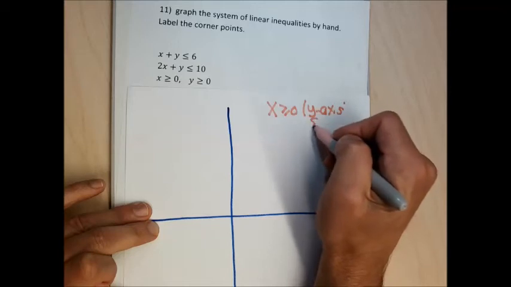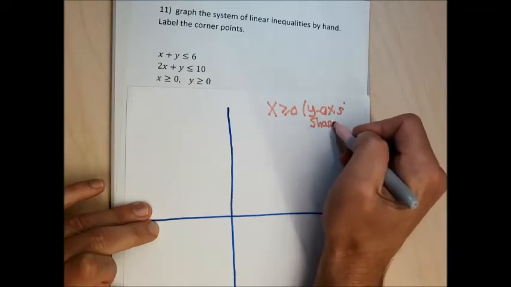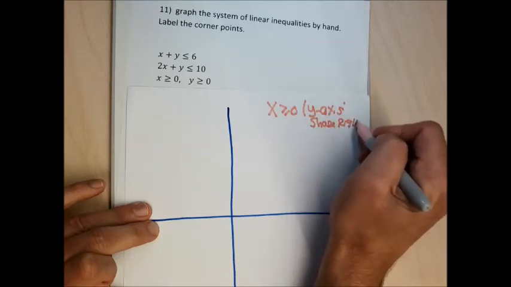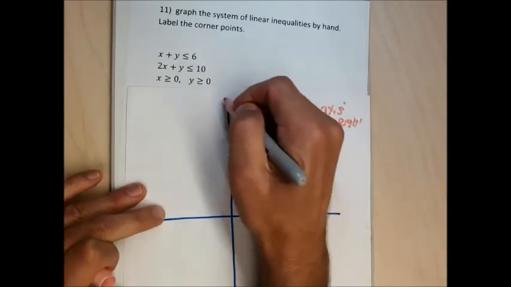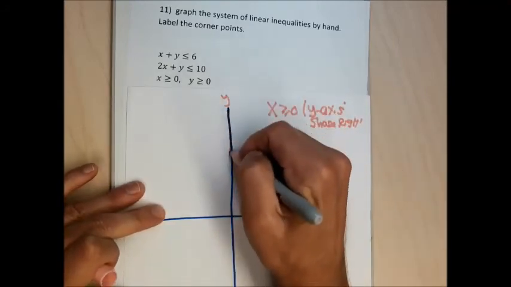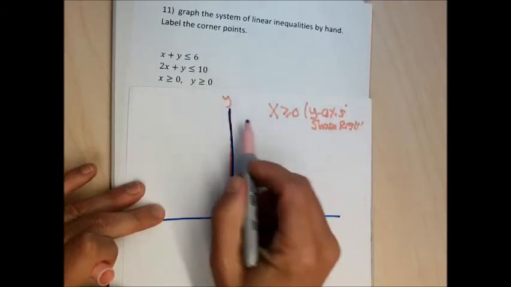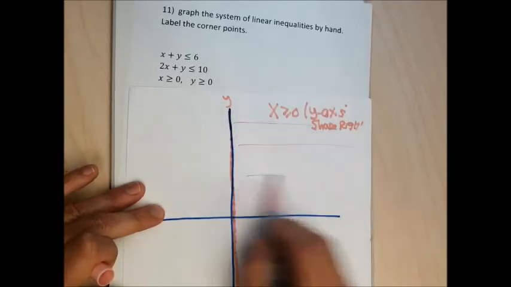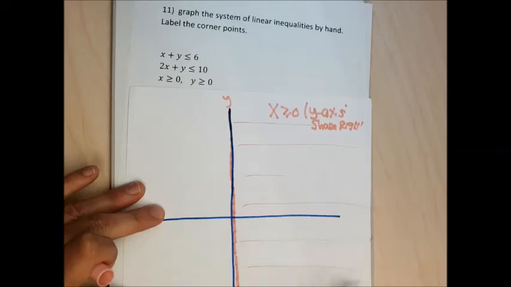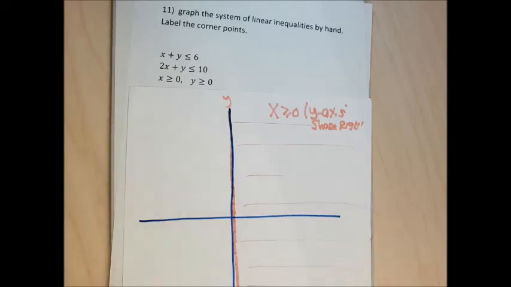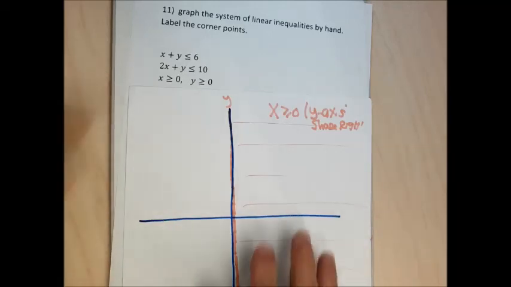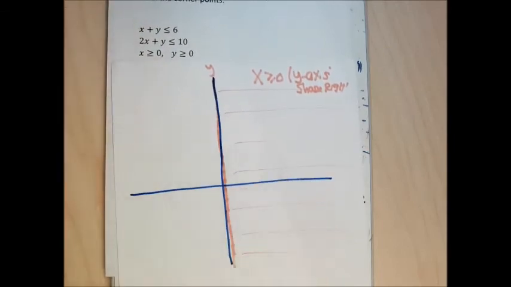It's a solid line because the graph has an or equal to. What I'm supposed to do is shade everything to the right. So that's technically the graph of x is greater than or equal to 0.